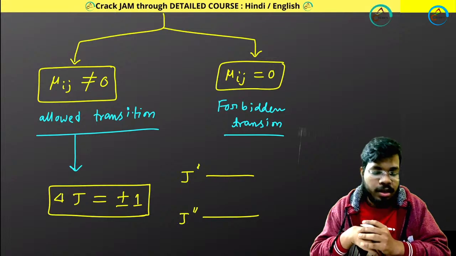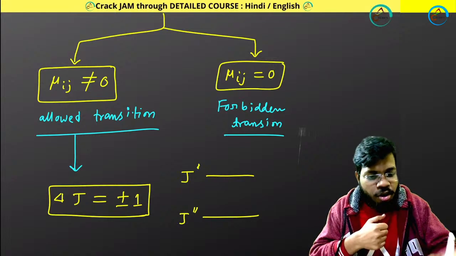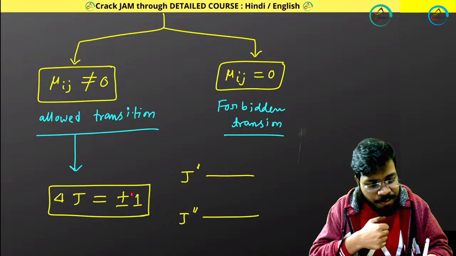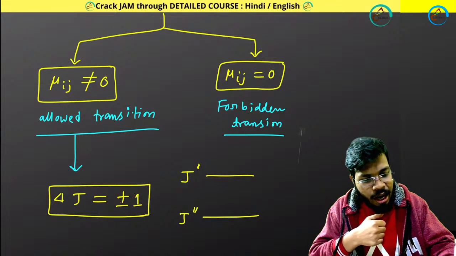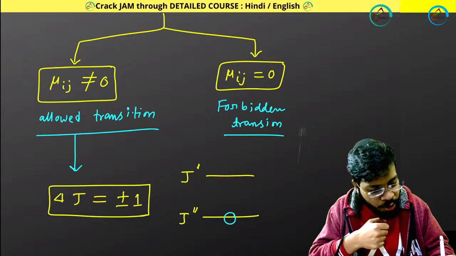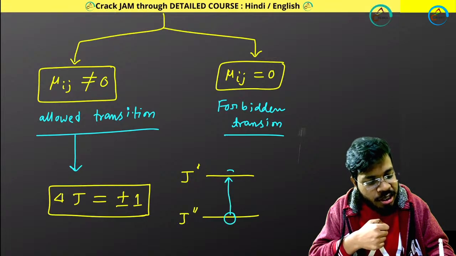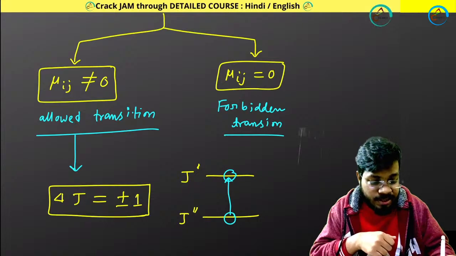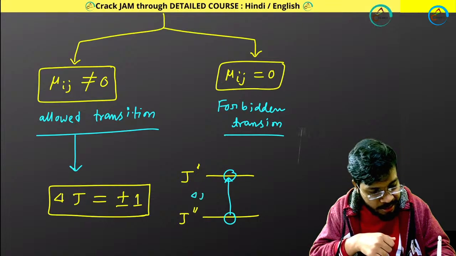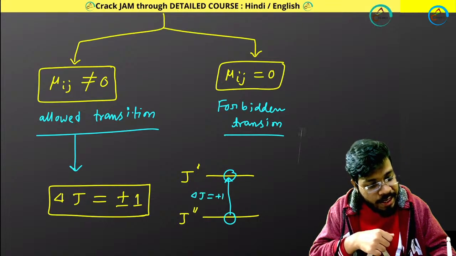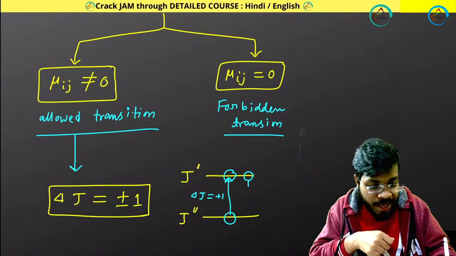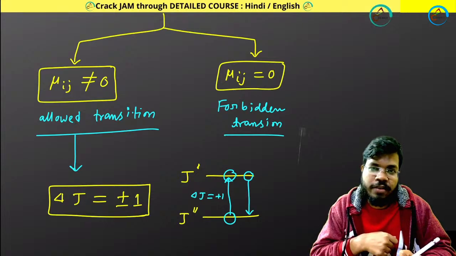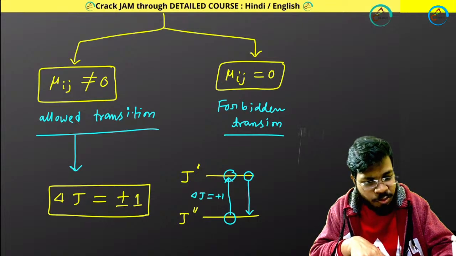If delta j is plus 1, the rotational molecule will jump from this rotational level to that rotational level. Delta j equals minus 1 means the molecule will jump from this rotational level to that rotational level. This is the energy profile diagram.